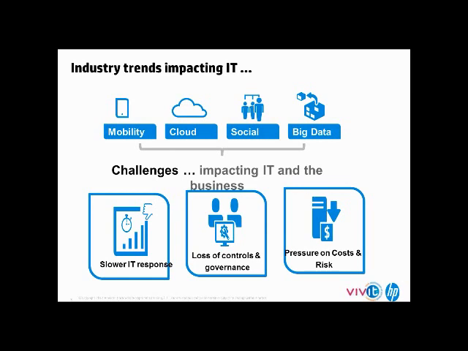Because there are different technologies impacting IT today, and the organizations of the future would compete in the context of these innovations around cloud, mobility, social media, and of course big data.